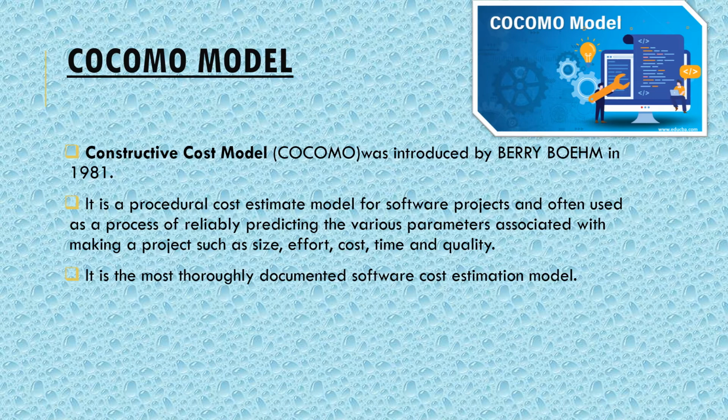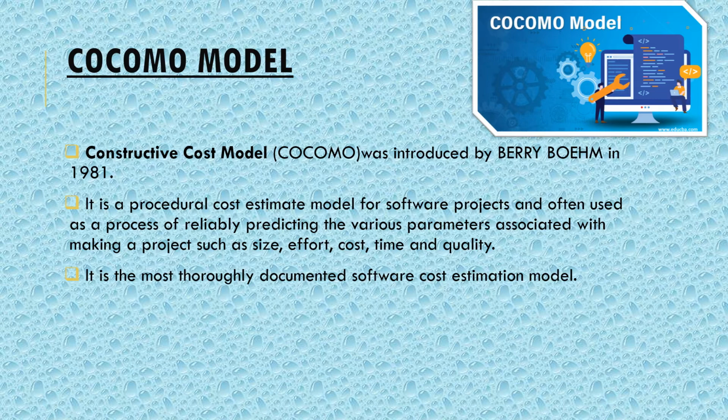It was introduced by Barry Boehm in 1981, and it is the most thoroughly documented software cost estimation model, used as a process of reliably predicting the various parameters associated with making a project, such as size, effort, cost, time, and quality. That means the constructive cost model was introduced by Barry Boehm in order to estimate the entire cost, or to give an estimate of the number of people required for the development of a software product.